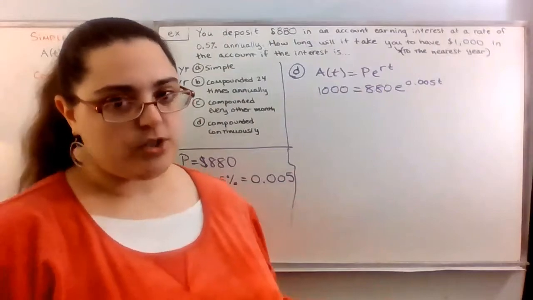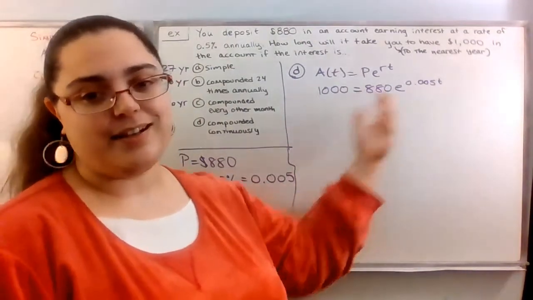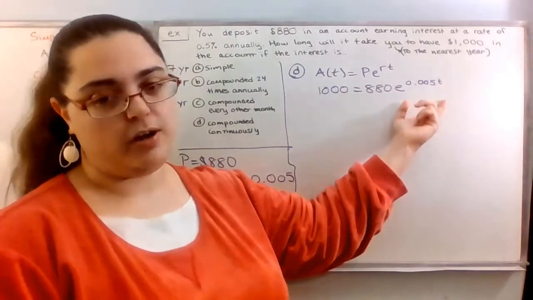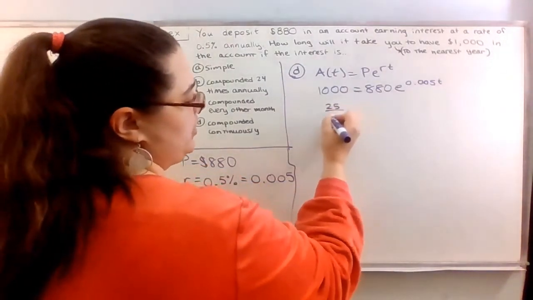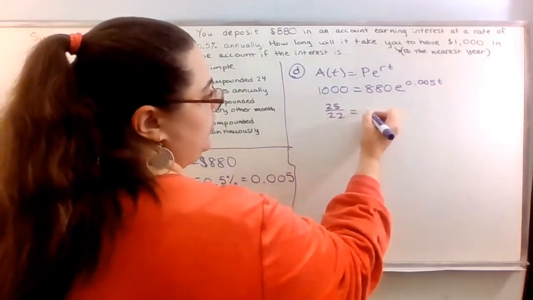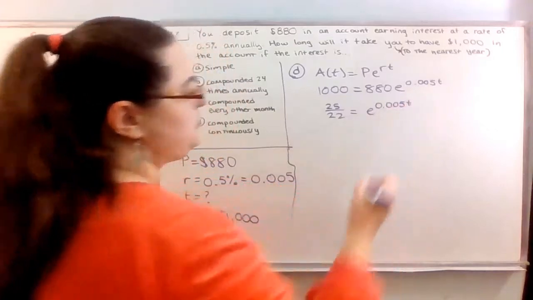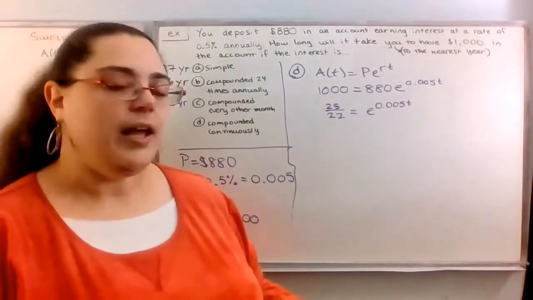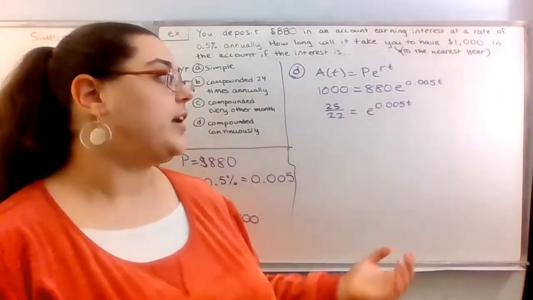Now to solve this equation, we're going to begin as we did last time and divide both sides by 880. That's going to give us this exponential expression all by itself. Just like before, we get 25 over 22, and that equals e to the 0.005 t. This time we can take any logarithm of both sides, so we could take the natural log.